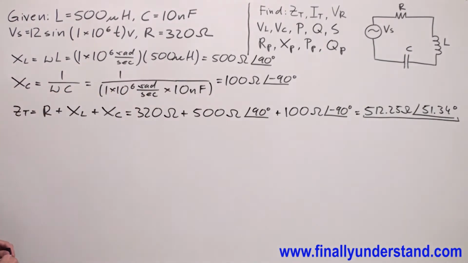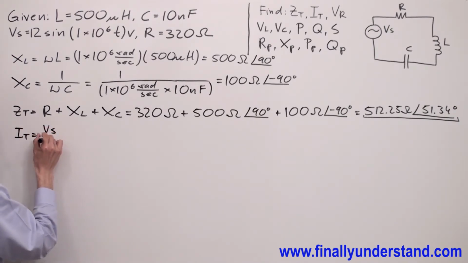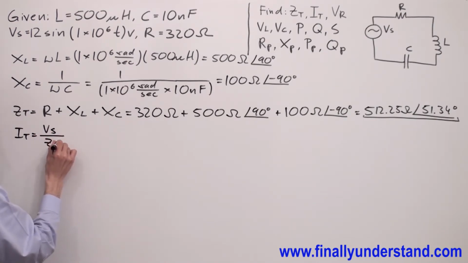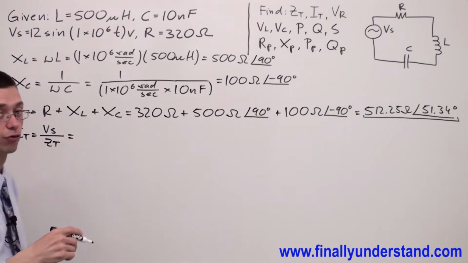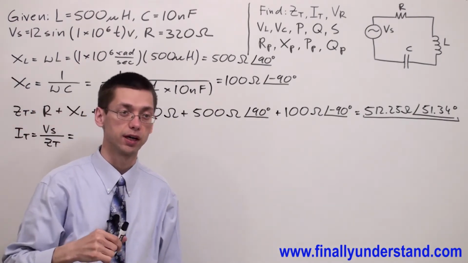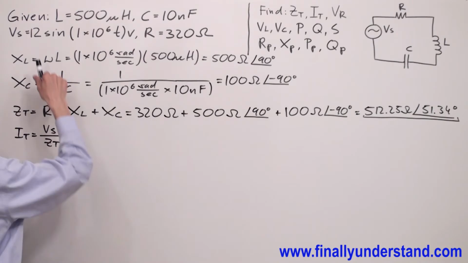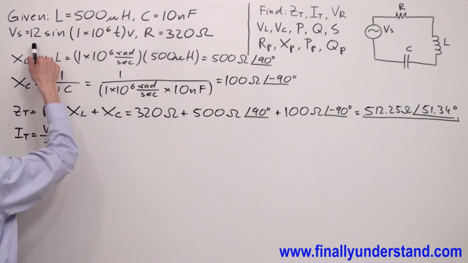So next we're supposed to find I total. In order to find I total, I'm going to use Ohm's law. I total is equal to voltage source over Z total. Please notice that the voltage is given in the form of a sinusoidal equation, so that's why we are talking about peak voltage.